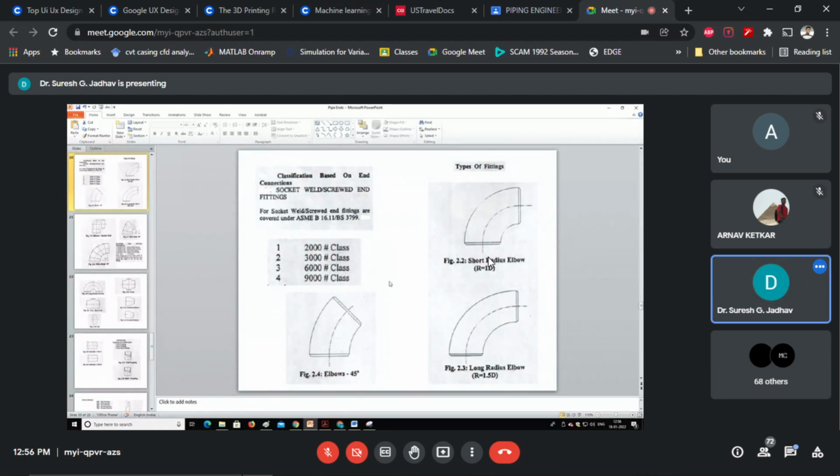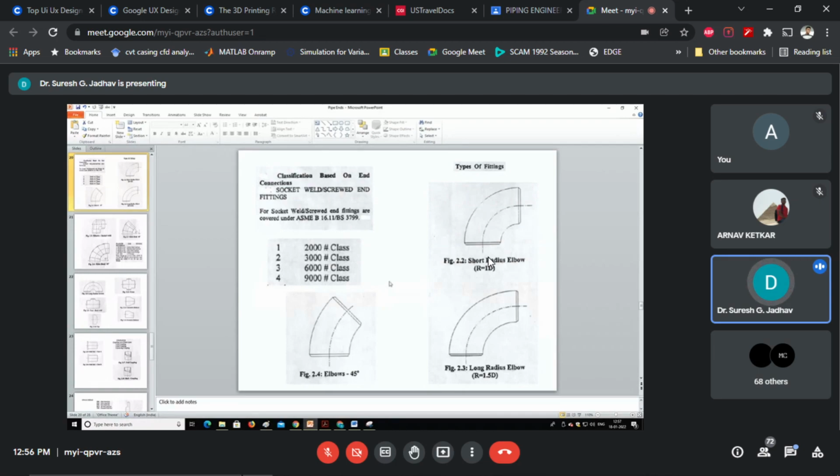The first rating in this class, 2000 class, is applicable only to screwed fittings and is covered only in ASME B16.11 and BS 3799.